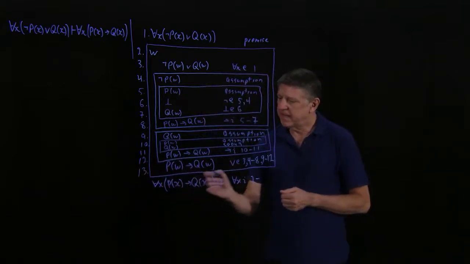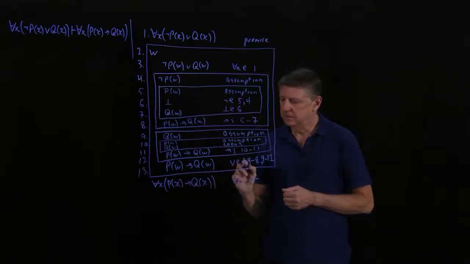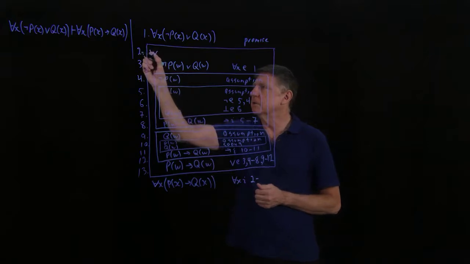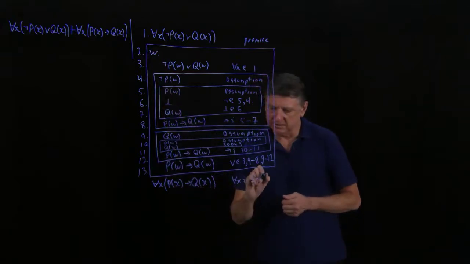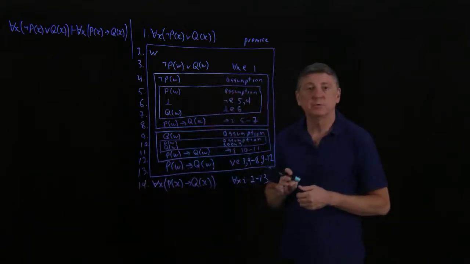And this big assumption box is now complete. So this line is justified by a box that began at 2 and ends at 13, and that is line 14, and my proof is complete.